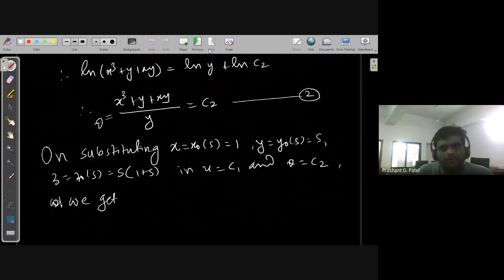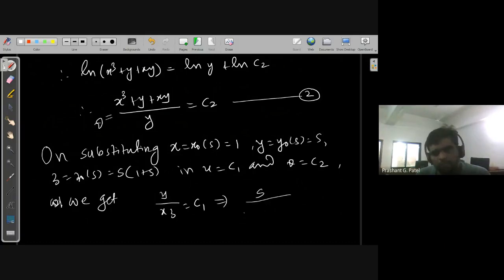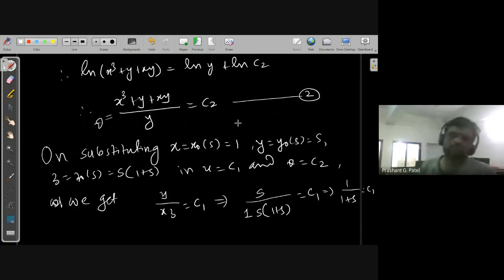So the equation y upon xz is equal to c1 implies s upon 1 into s into 1 plus s is equal to c1. That gives me 1 upon 1 plus s is equal to c1. That is the value of the first one, c1.